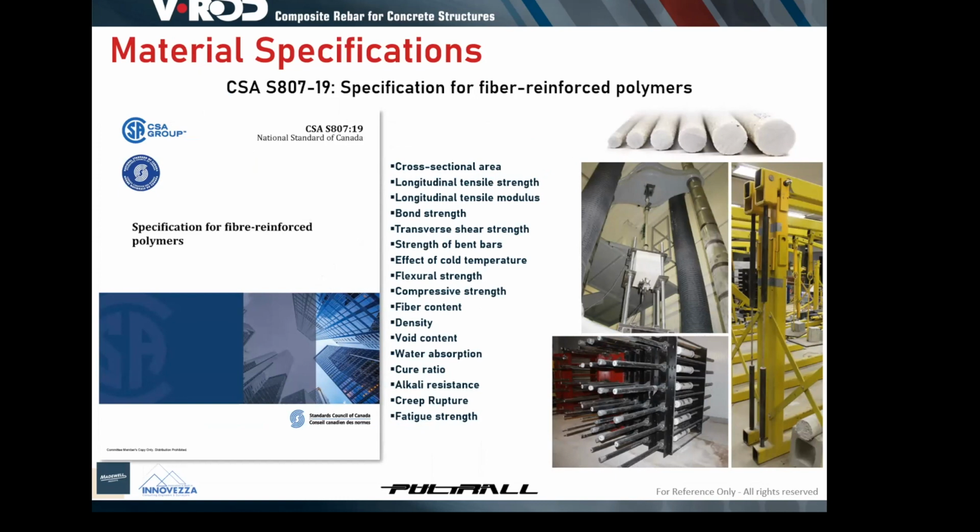So all manufacturers' products should comply with this document in order to be used in structural elements. The S807 has requirements for structural reinforcement with vinyl ester resin and epoxy resin, and also for polyester bars, which is for non-structural elements.